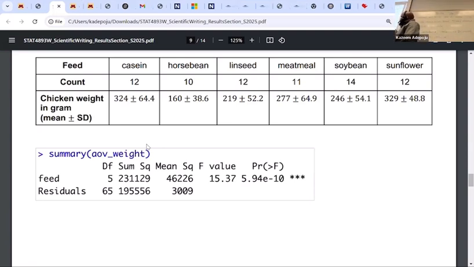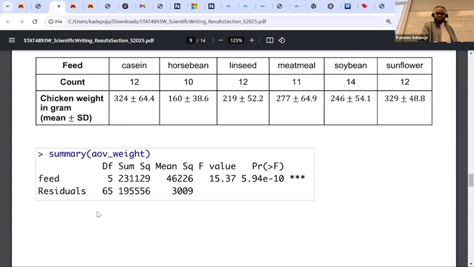Assumption number one is that each of the populations you're choosing from has to be normal. Not only that, the groups have to be independent. And there must be a constant variance across groups, which we call homoscedasticity, and also an absence of outliers.